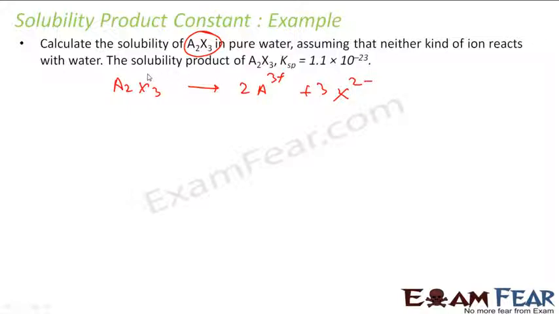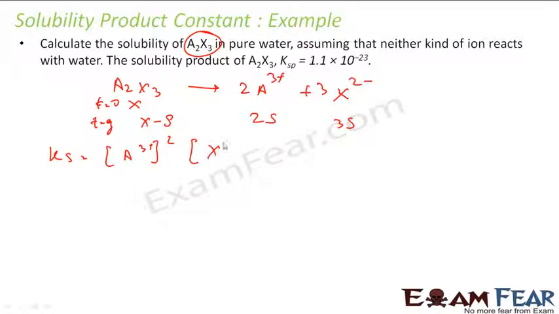Let's assume that at t equals 0 it had some number of moles, and at equilibrium, S is the solubility, so this becomes 2S and 3S. So Ksp will be, as I told, the concentration of A3+ squared times the concentration of X2- cubed.